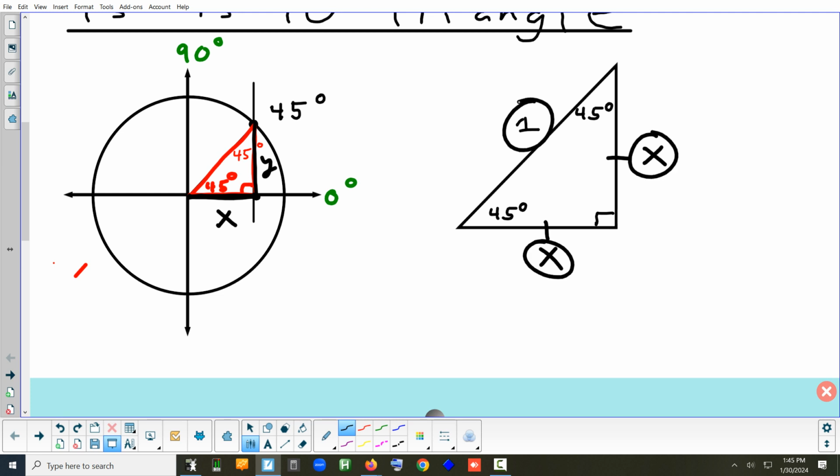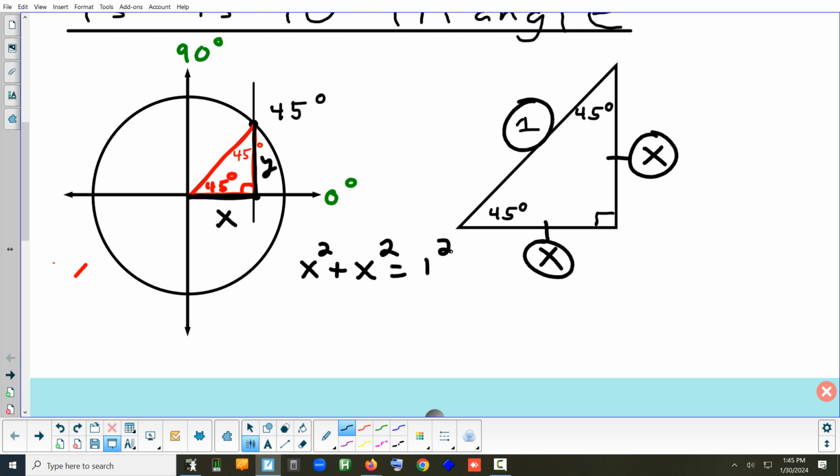A squared plus b squared, x squared plus x squared, and they're both the same thing, so we're just going to call them x. So x squared plus x squared equals 1 squared, which is just 1.